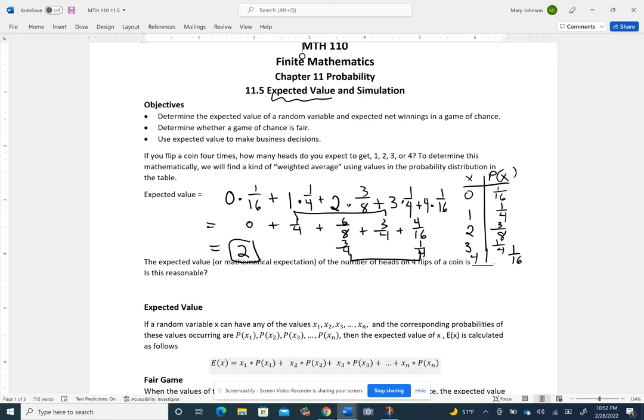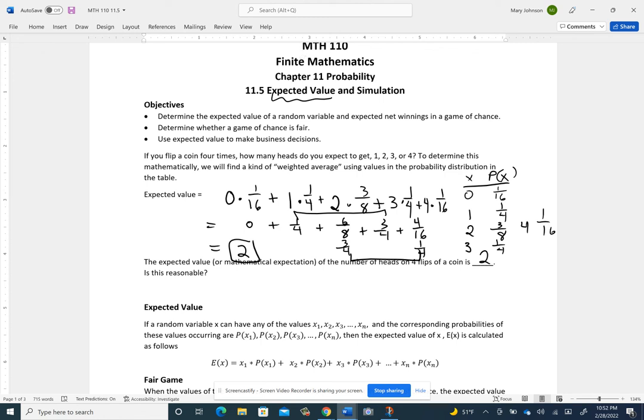The expected value is like your mathematical expectation of the number of heads you would get if you flipped a coin 4 times. And what we just found is that the expected value turned out to be 2.